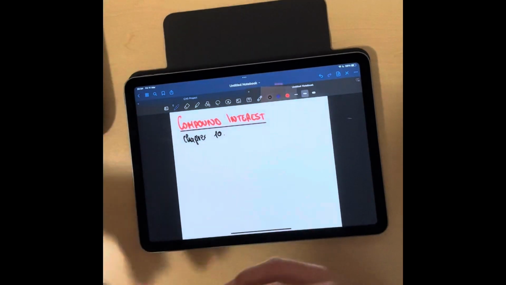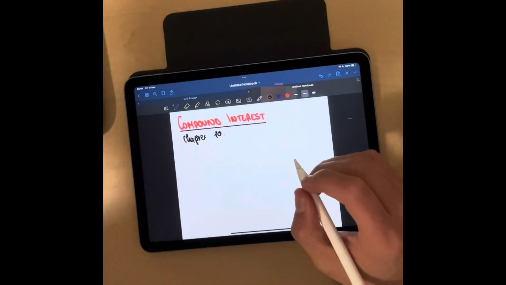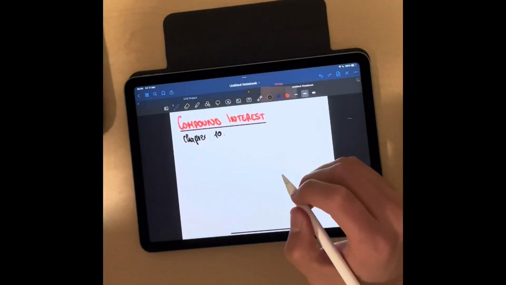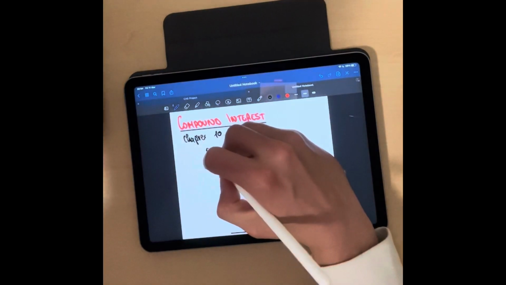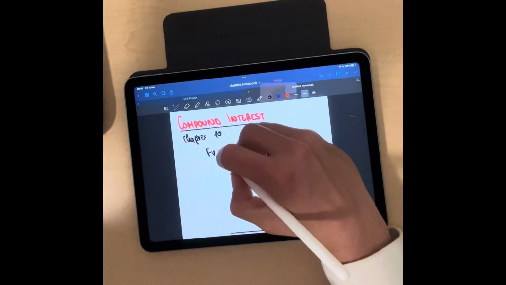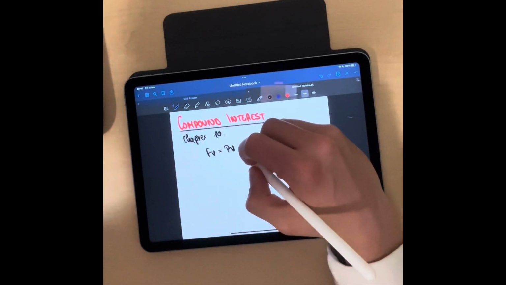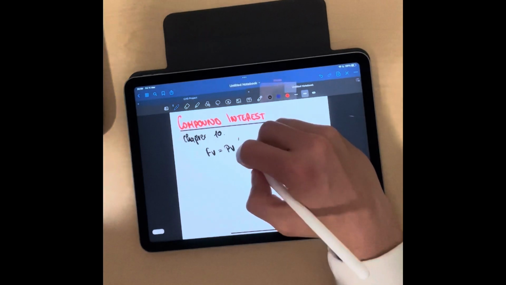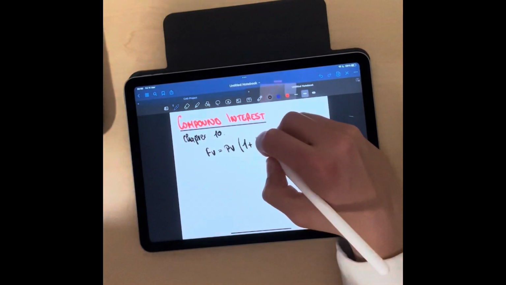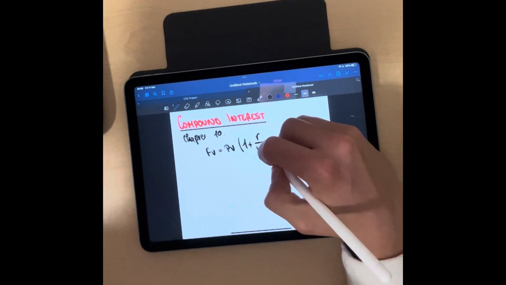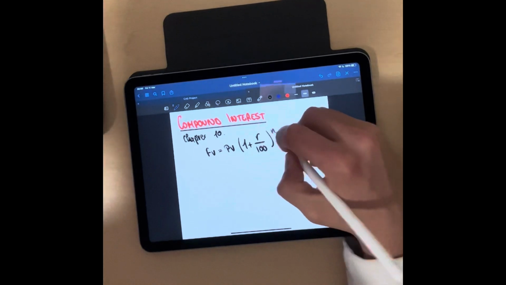So it compounds. It's a pretty simple concept. And so how do you do this? So the actual formula is FV equals PV(1 plus R over 100) to the power N.